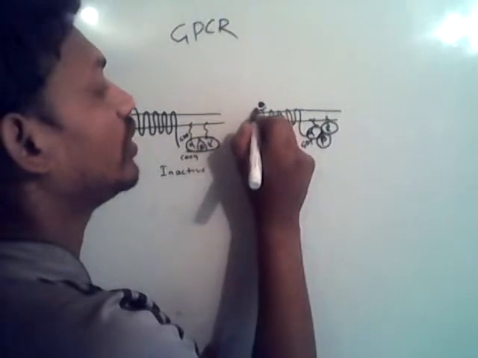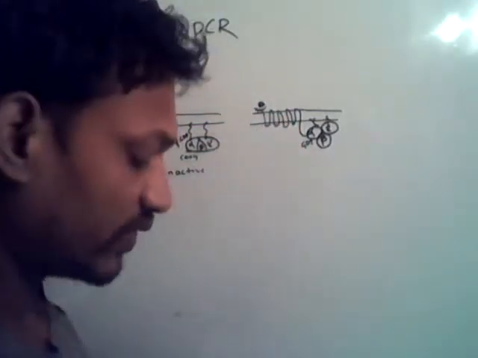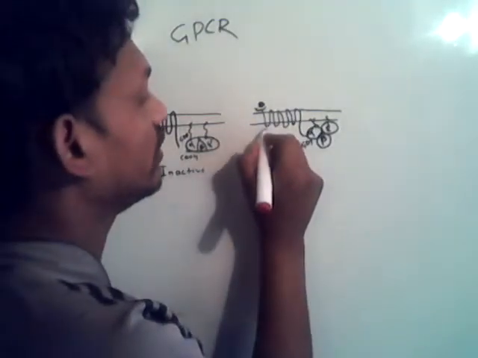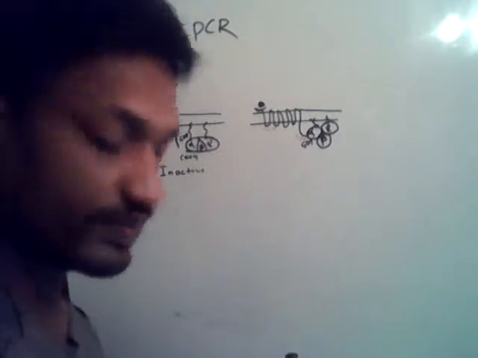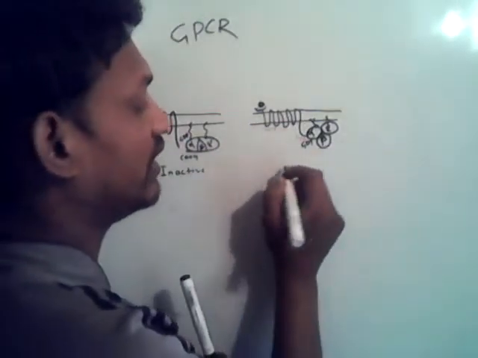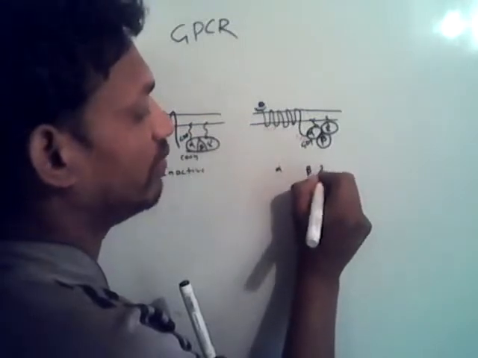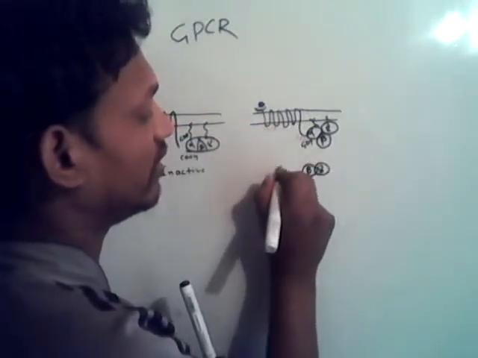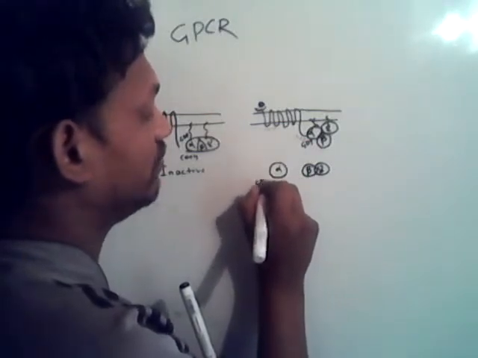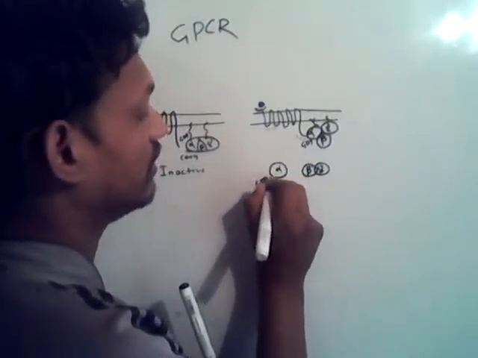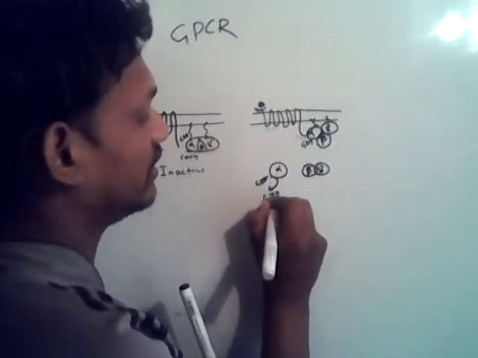After the binding of a signaling molecule to the receptor, the receptor shows a conformational change. This trimer dissociates into the alpha monomer and the beta-gamma dimer, and the GDP on the alpha monomer is replaced by GTP.